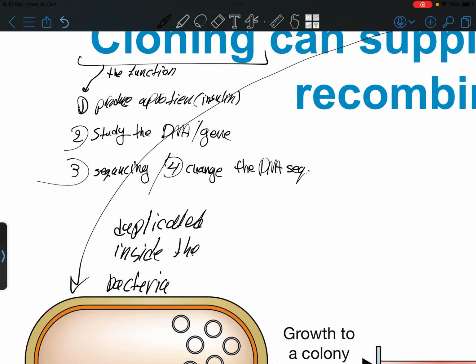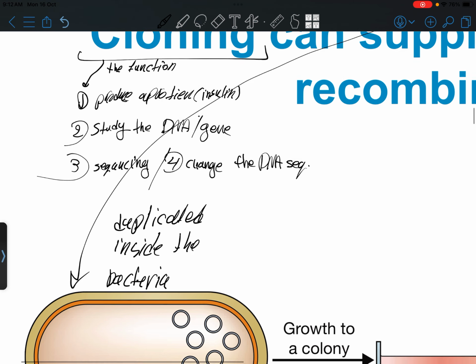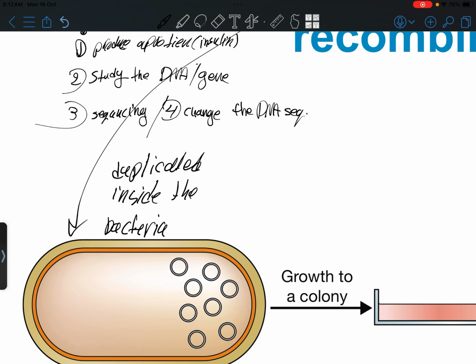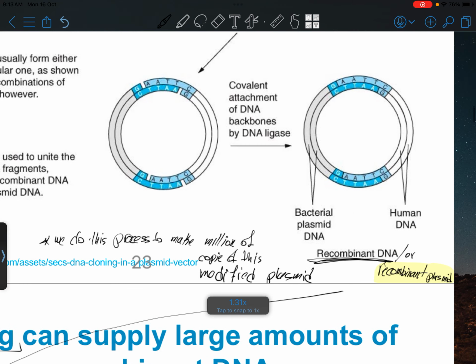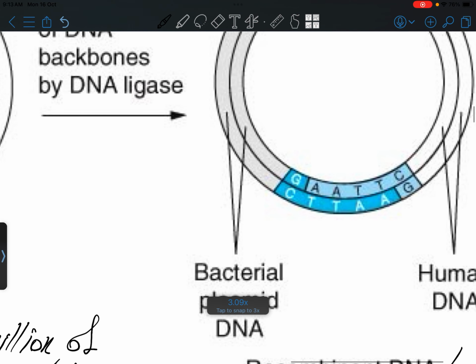Following the generation of the recombinant DNA, we have to do two things. The first thing is what? Transformation, which is adding the plasmid to bacteria. Then we have to do what? Selection.